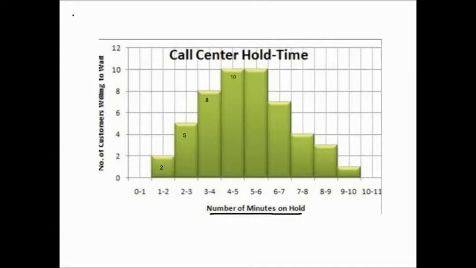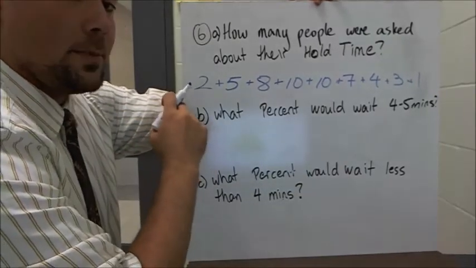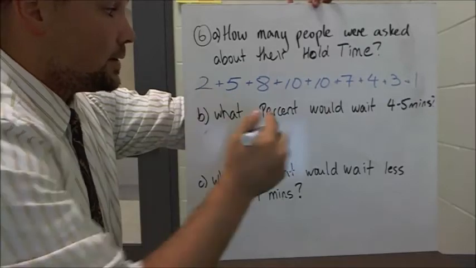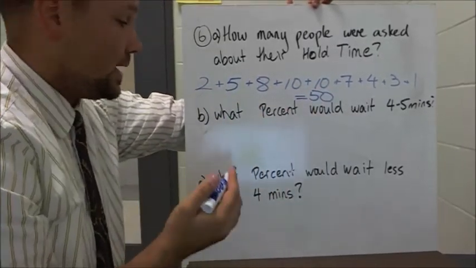For 5 to 6 minutes, also 10 people. For 6 to 7 minutes, 7 people. For 7 to 8 minutes, 4 people. For 8 to 9 minutes, 3 people. And for 9 to 10 minutes, only 1 person. If we add up all of the bars, we get 50. So 50 people answered the question.